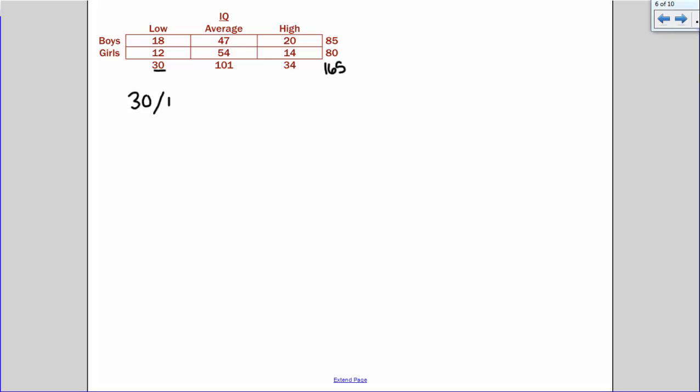So 30 divided by 165, P equals 0.182, or 18.2%.